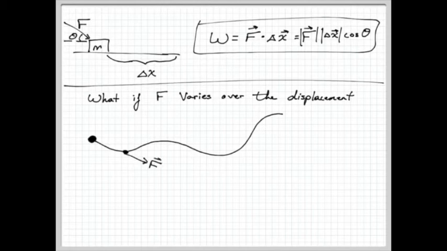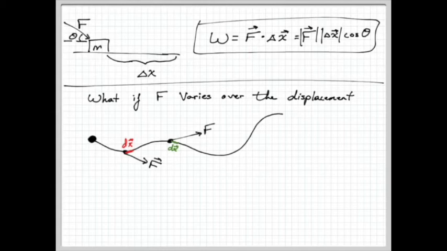We push on the object with this much force at that point. Now, it's only going to move along the path, which means a little bit of displacement here, a small straight line. So I can't use capital delta x. We have to use a lowercase delta because it's a very tiny amount of displacement. And that would be true no matter where we are on this path. Apply a force this way, that would cause a very tiny displacement in x.